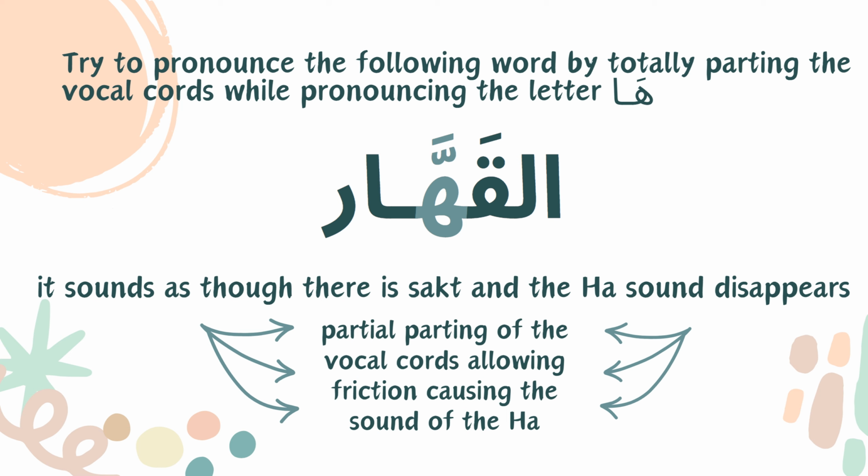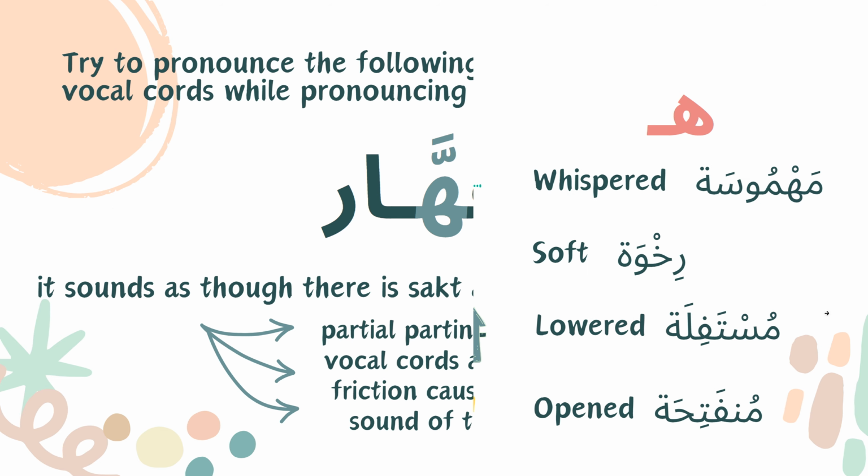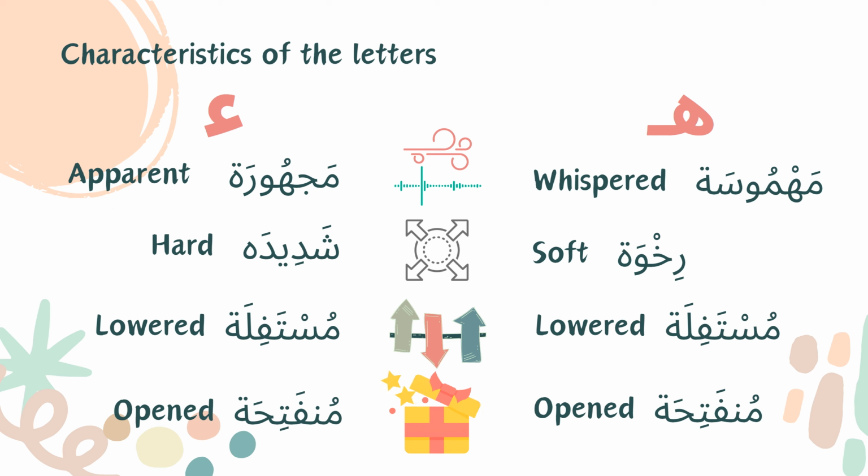And that is why the hamza is hard, it's harf shadid, it's strong, and the ha is a soft letter, rikhwa, and it's also whispered. So they are both opened and lowered. Let us just finish this part and say that these are the characteristics of both letters. So what is the difference here?